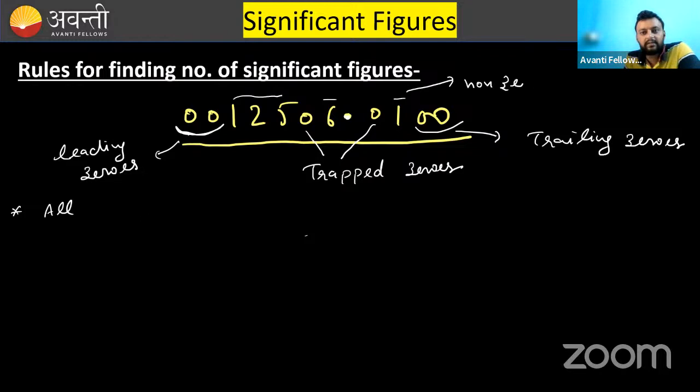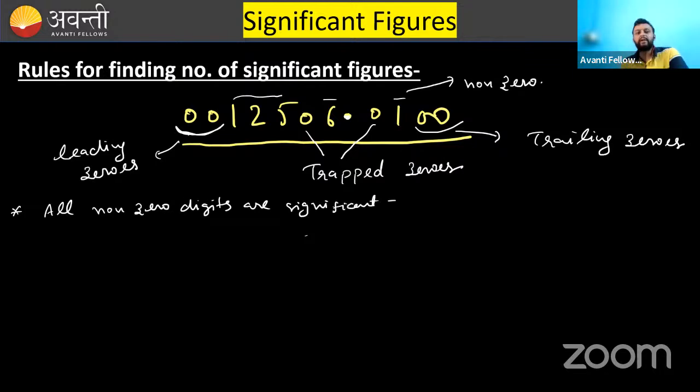So the first statement is all non-zero digits are significant. First statement is clear. Whenever you see non-zero digits, that means 1, 2, 5, 7, whatever it is, it is significant.